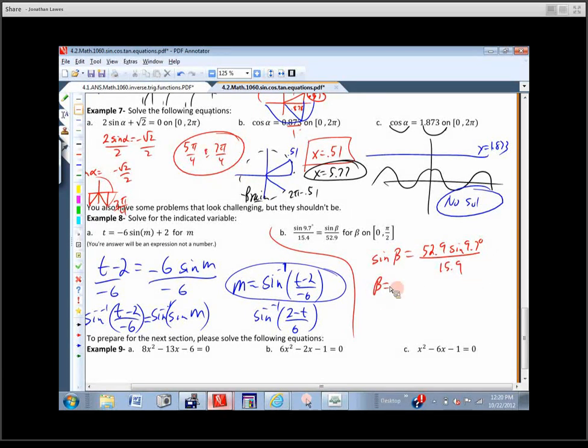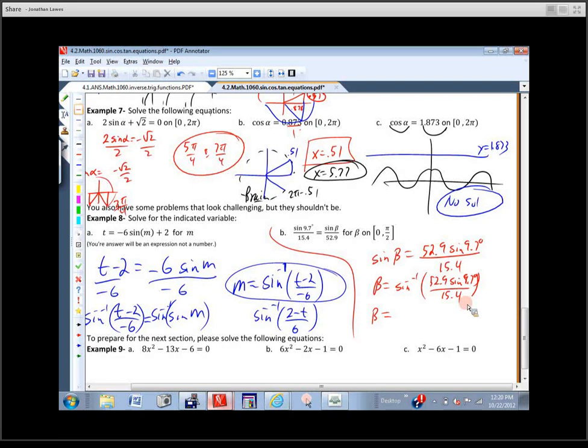So that means beta is going to be sine inverse of 52.9 sine of 9.7 all over 15.9. And before I reach for my calculator, what am I going to do? Or at least what am I going to think? What's that? Oh, you're right. It's 15.4. Thanks.